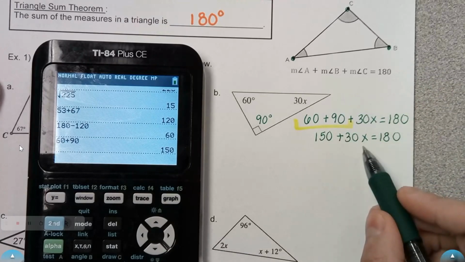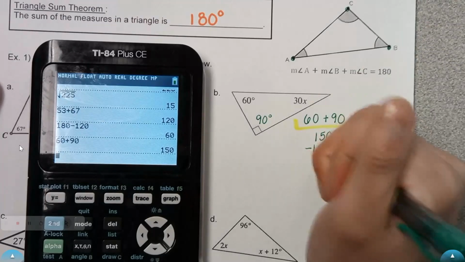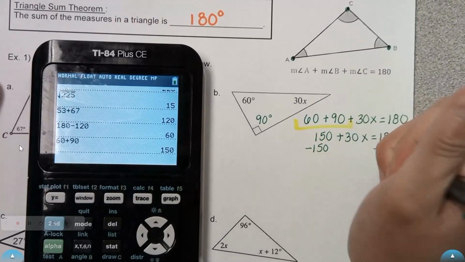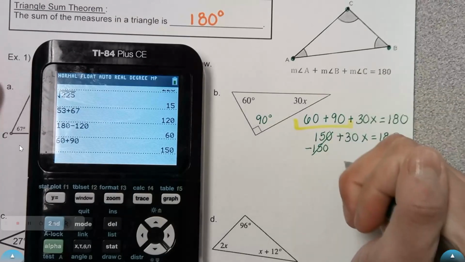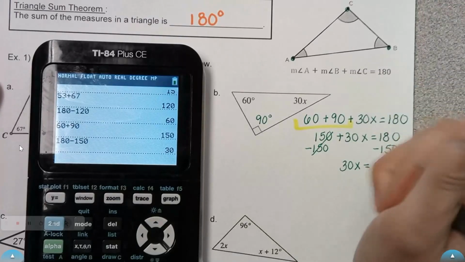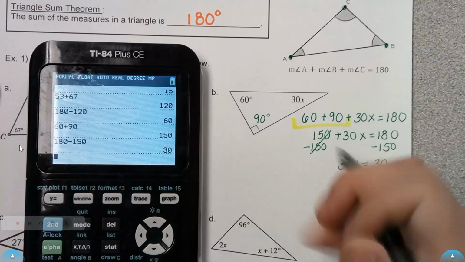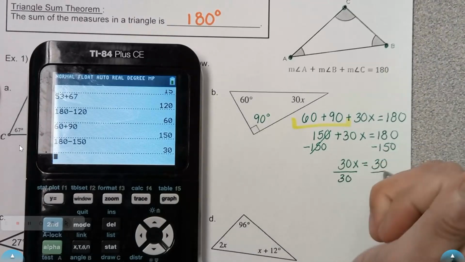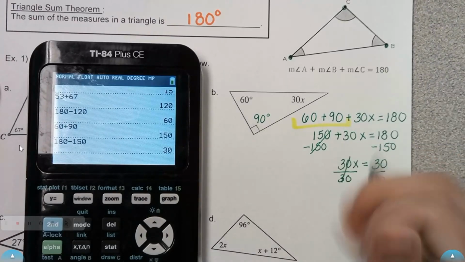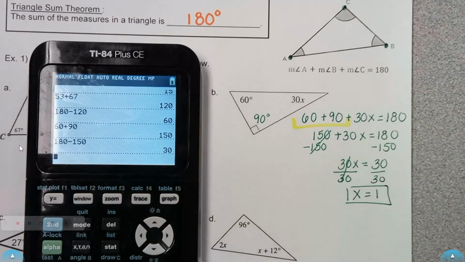Okay, I want the x by itself. So the opposite of positive 150 is negative 150. I get 30x equals 180 minus 150 is 30. Then the last thing I'm going to do is get the x by itself, so I'm going to divide by 30. Alright, so x equals 1.